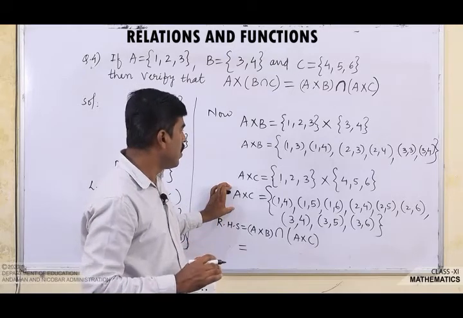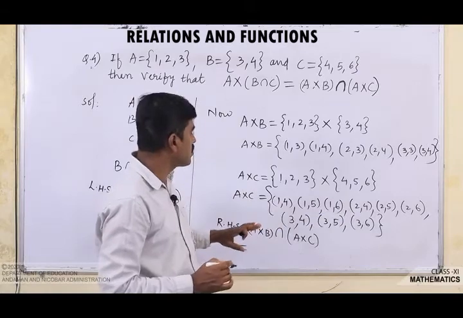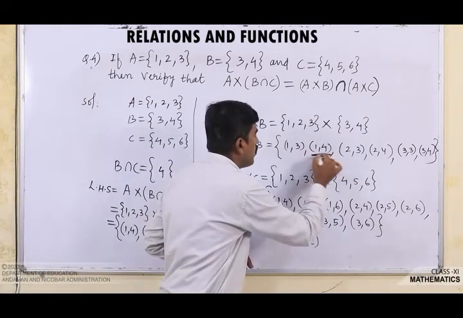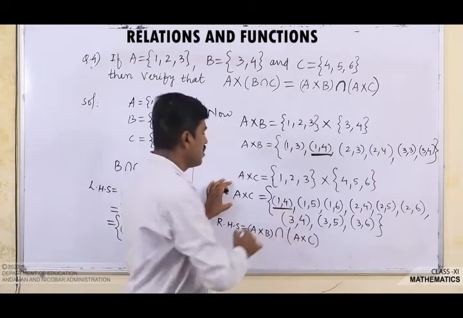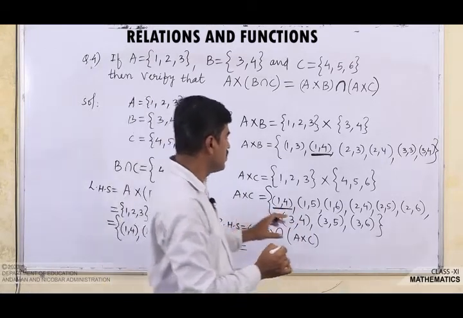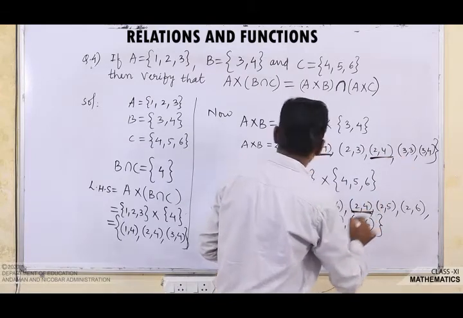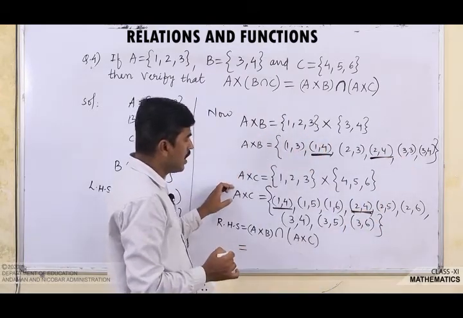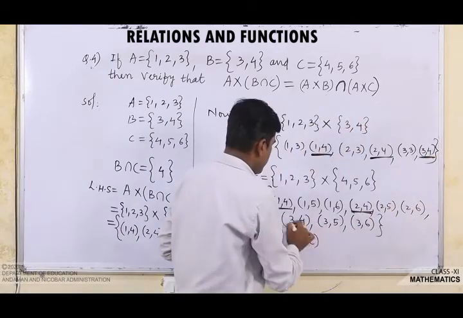You see, (1, 3) is not there in A cross C. So (1, 4) belongs to A cross B, and (1, 4) also belongs to A cross C. Next, (2, 4) is common to both A cross B and A cross C, and the next one is (3, 4).